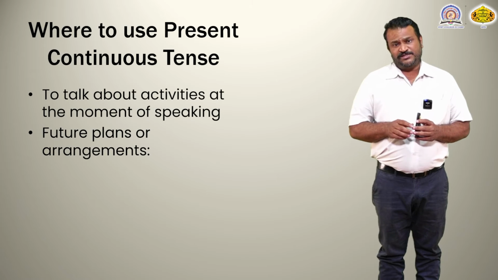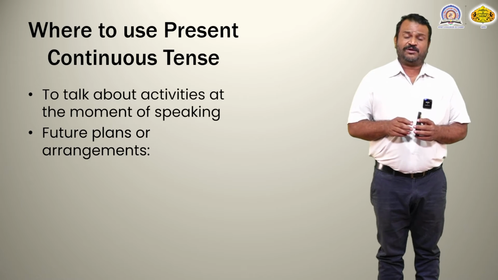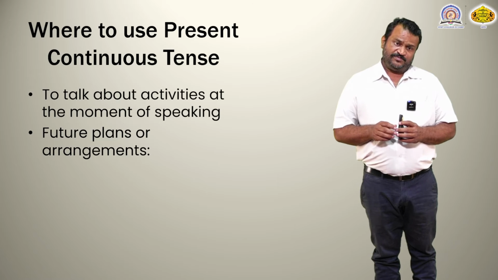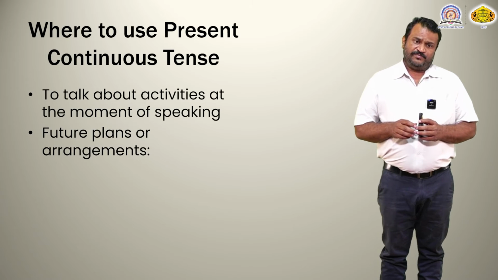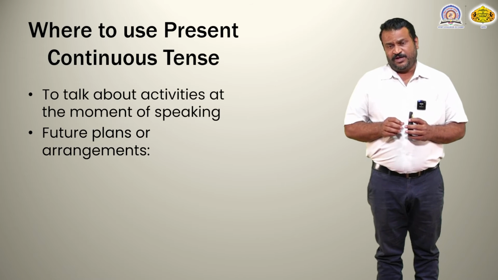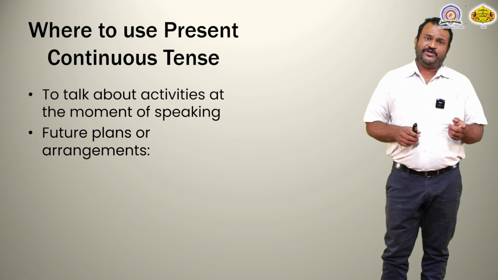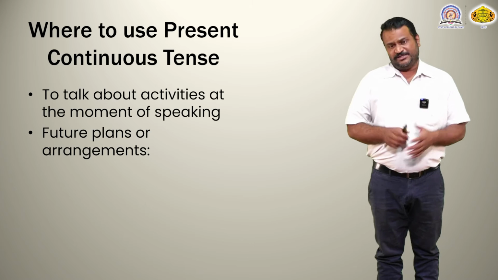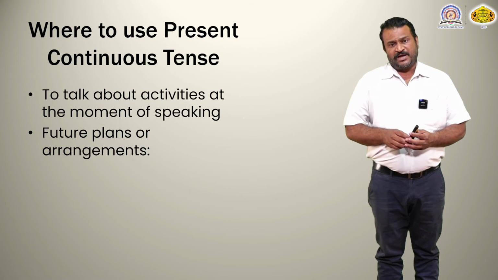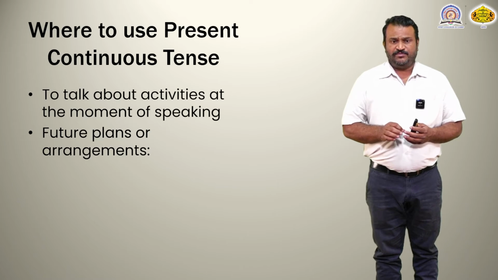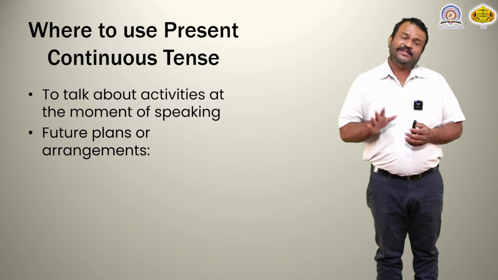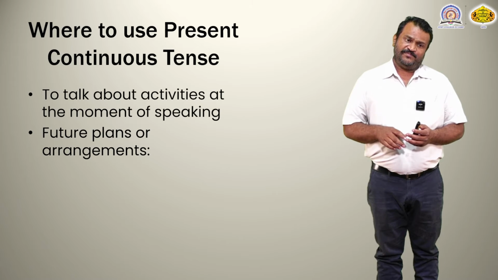We also use present continuous tense for future plans or arrangements. Means what? For example, you have pre-planned what you are going to do this Sunday. I am going to visit my native place this Sunday.